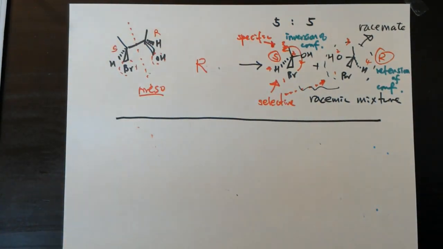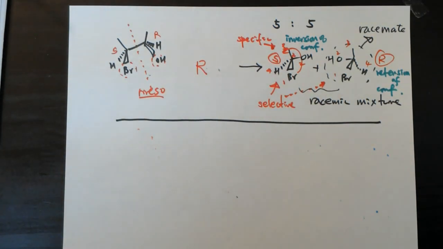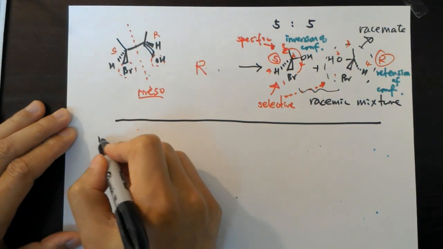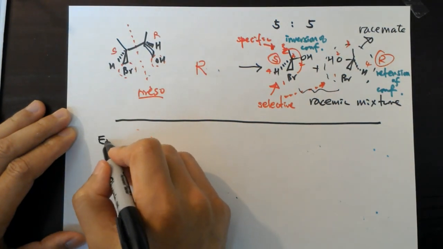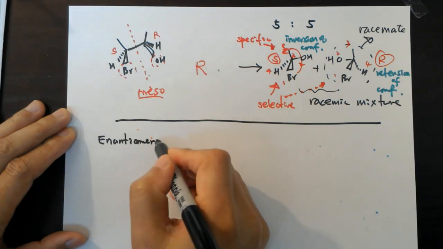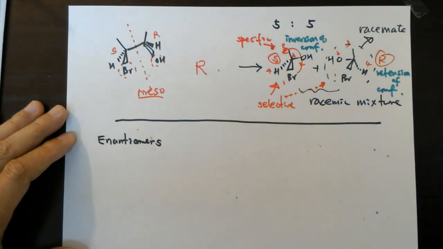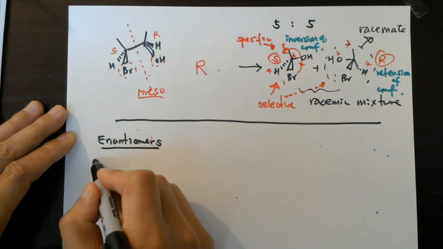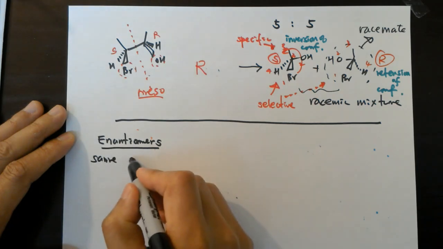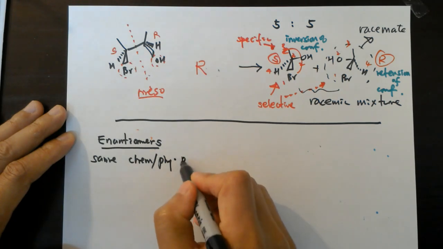So we can use this optical activity to detect different isomers, because if you have enantiomers, it's difficult to tell them apart, because like we discussed in an earlier video, they have all the same chemical and physical properties.